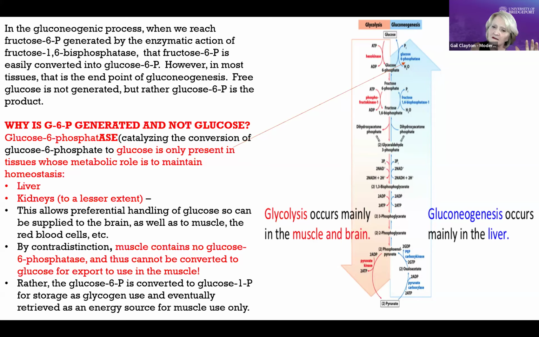Gluconeogenesis is going to take lactate, amino acids, and pyruvate, and put them into gluconeogenesis and possibly use it as storage for fuel for later. Okay, so when the energy of the cell is low, glycolysis prevails. When the energy of the cell is high, gluconeogenesis prevails.